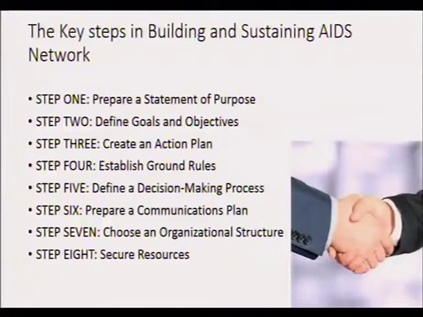Secretariat of the governing council with executive director, supporting officer, operations manager. So it's very important to know what the structure will look like. Then step 8, which is the last step but not the least, is the resources, because you need money to make this network or this partnership operational. So you need to have a budget to make sure.